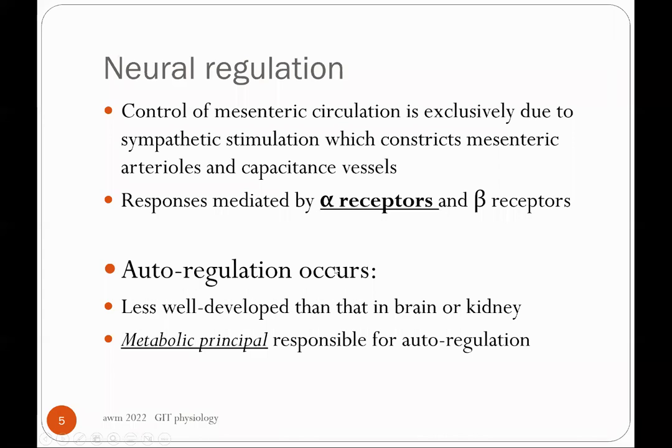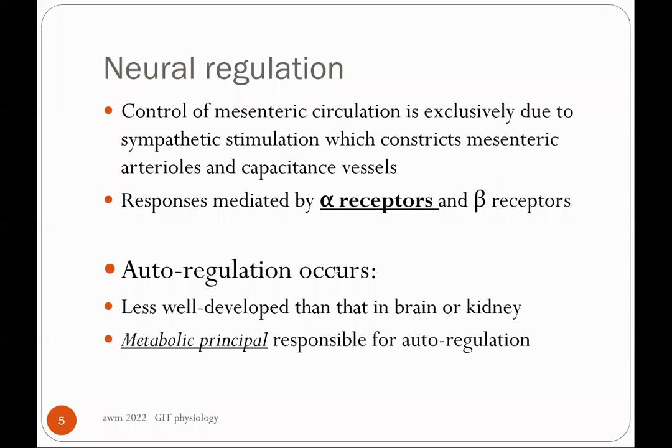Now we have neuroregulation of blood flow, okay? And the control of the mesenteric circulation is exclusively through sympathetic stimulation. And remember, when you stimulate sympathetic nerves, what happens? You get vasoconstriction, okay? So you're going to constrict the mesenteric arterioles and the capacitance vessels.